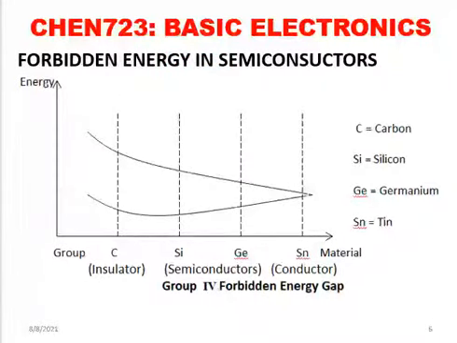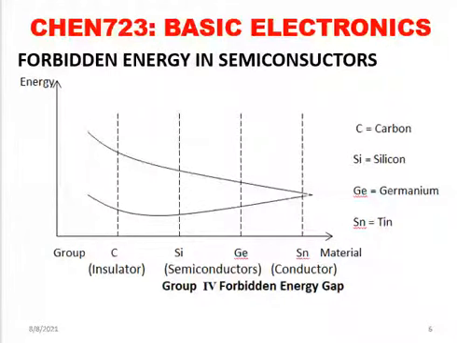Now, as I've already mentioned, the semiconductor materials are those elements which are in group 4 of the periodic table. And here we have a graph. The graph is telling us the amount of energy needed by each one to break the electrons from the bond so that they can enter into the conduction band.